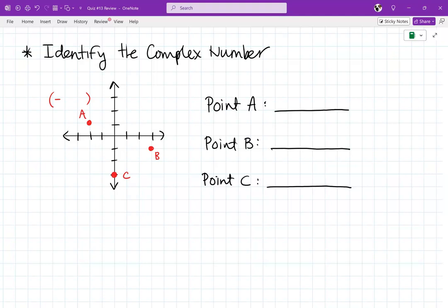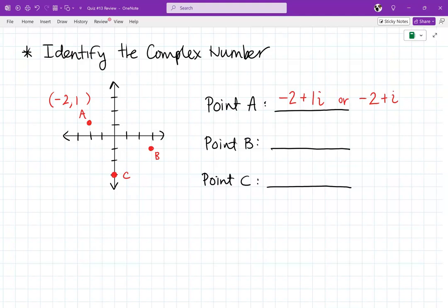Negative 2, 1. Okay, negative 2, 1. That means when I convert it, it's negative 2 plus 1i. Or you could just put negative 2 plus i. Okay, I'm good with either one, whatever you want. Either one is okay.